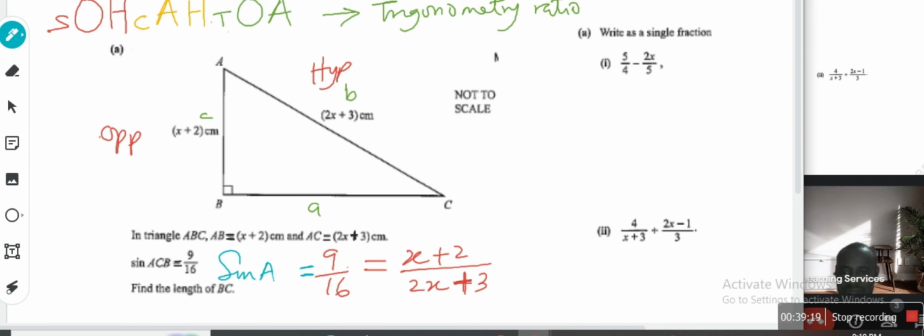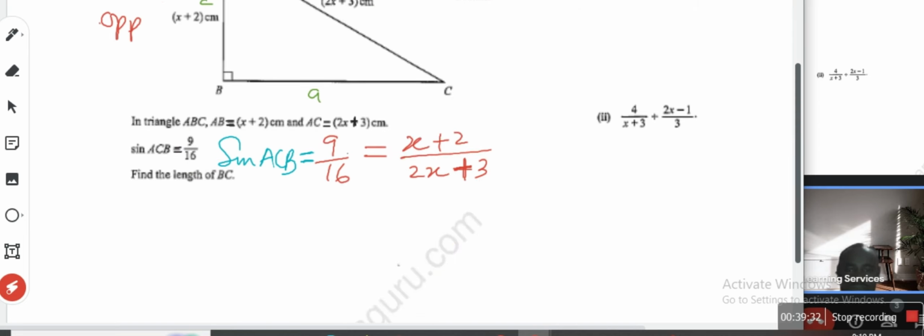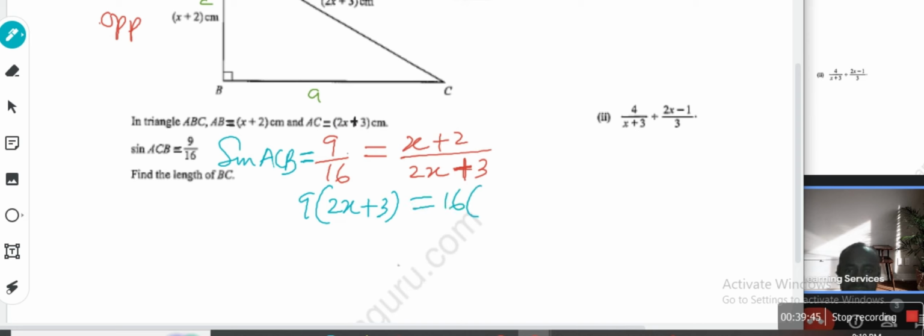All right. So sine ACB is 9 over 16, and sine is opposite, x plus 2, over 2x plus 3. So we cross multiply: 9 to multiply 2x plus 3 and 16 to multiply x plus 2. So we're going to have 9 bracket 2x plus 3 equals 16 bracket x plus 2.